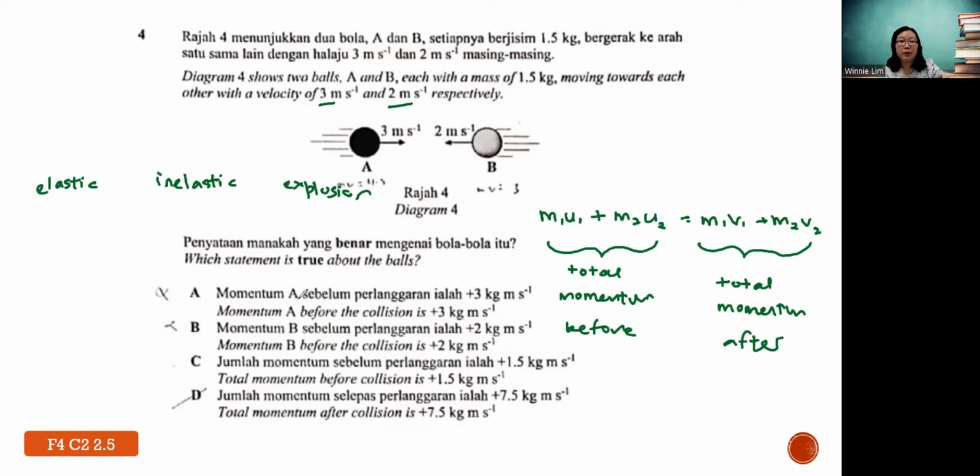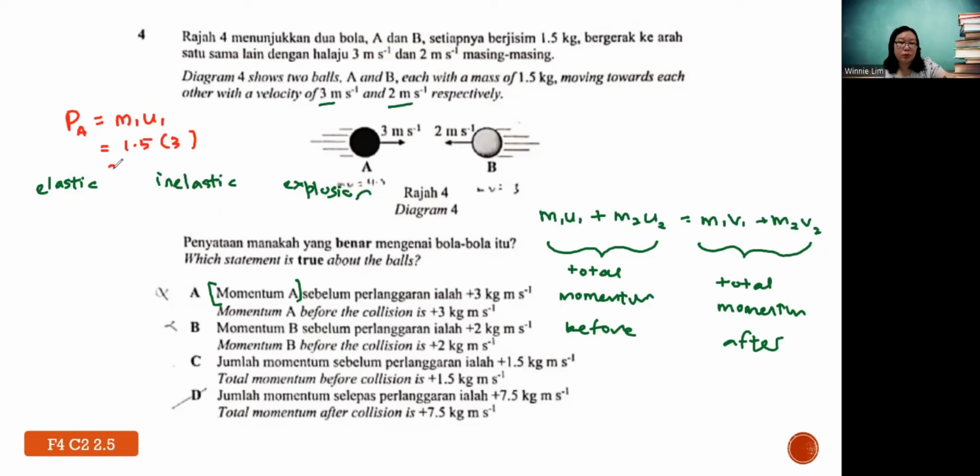So they say the momentum of A before the collision is 3 kg m s^-1. There is only one object A. As you know, momentum is mass times velocity. So they want you to find the momentum of A. So it's m1u1, mass 1.5 times 3.